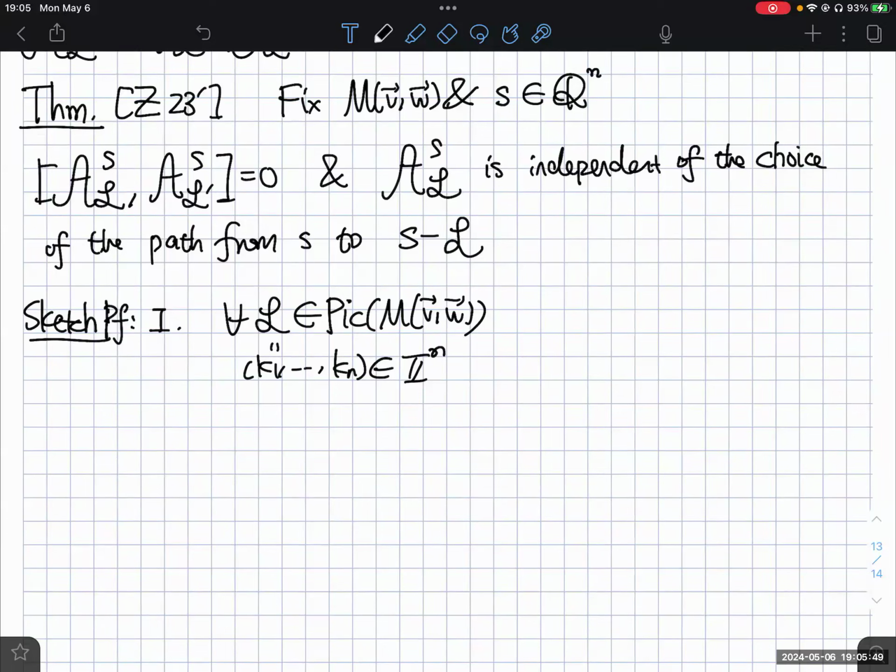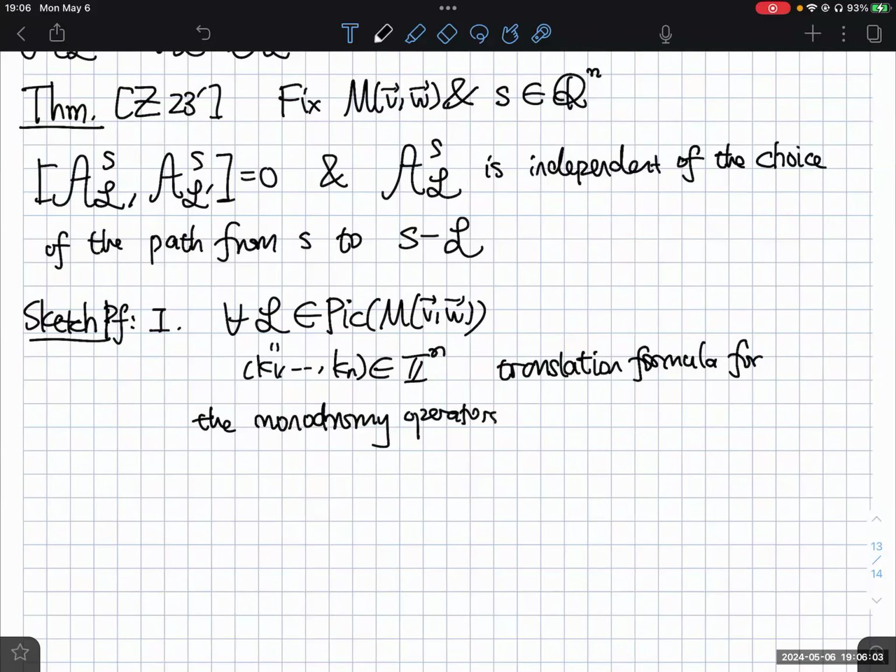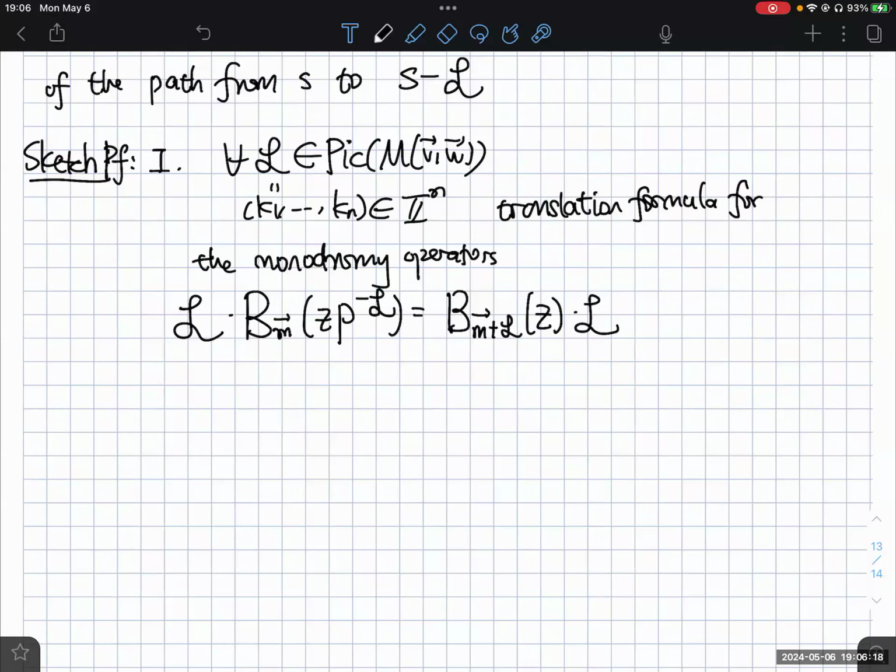So we first need to prove some kind of translation formula for the monodromy operators. So this is like L times.